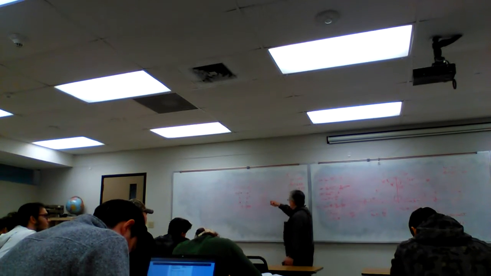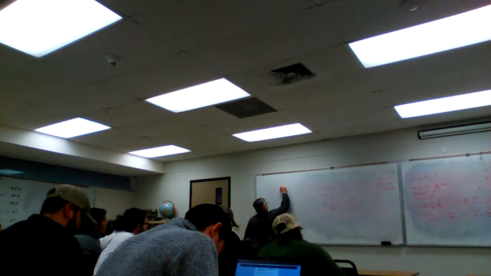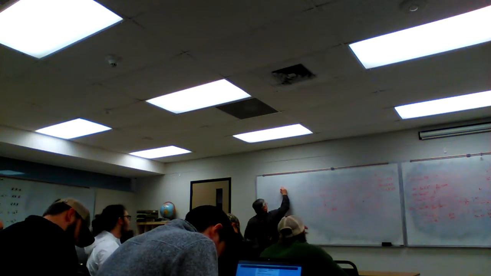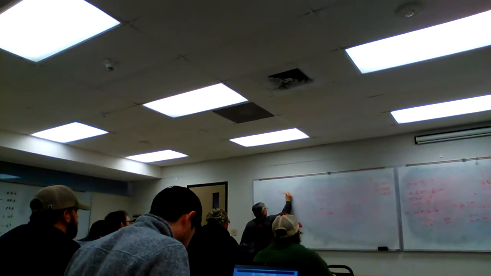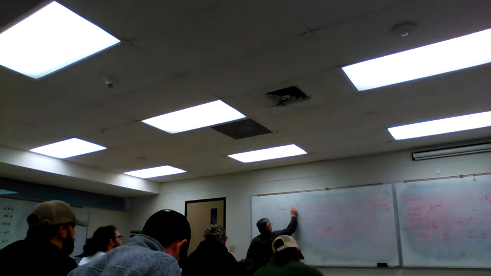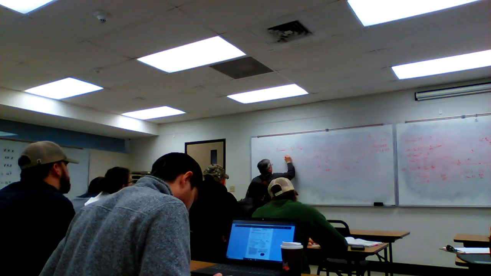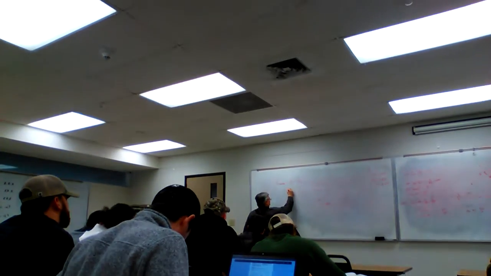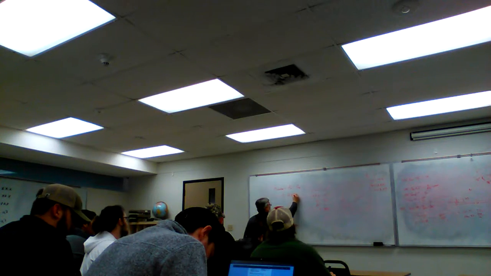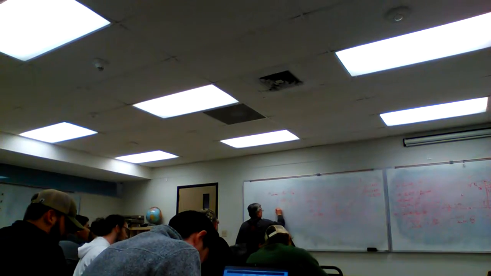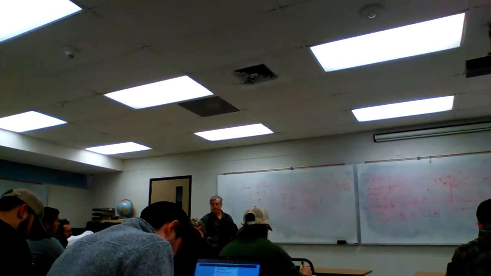Well, if the area of the circle is 8.89, the area shaded is equal to the area of the circle minus the area of the square. That's approximately equal to 8.89 minus 4. 4.89.